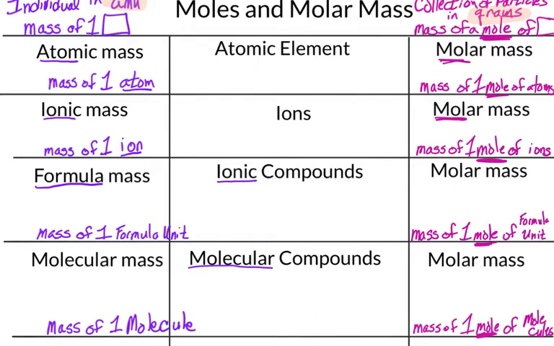And the second one is that these are measured in grams rather than AMU. AMU is something that we can't really measure in the laboratory because it's a very, very small number, something like 6.02 times 10 to the negative 23rd. Not quite that number, but it's a very, very small number. On the other hand, when we look at the molar mass, we're looking at enough of those particles that we can weigh it. So these are the ones that we use in the laboratory because we can weigh it on the gram scale. And most importantly, this is in a measurable amount for us. The unit grams we can use on our kitchen scale.